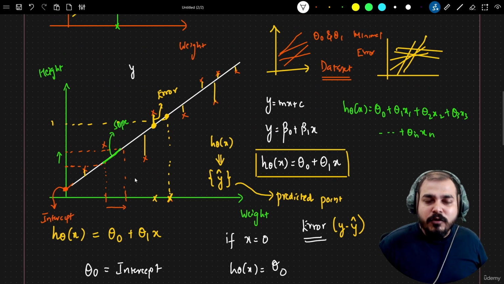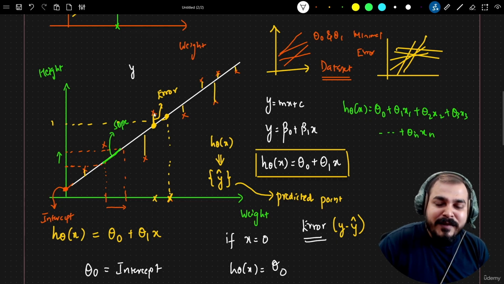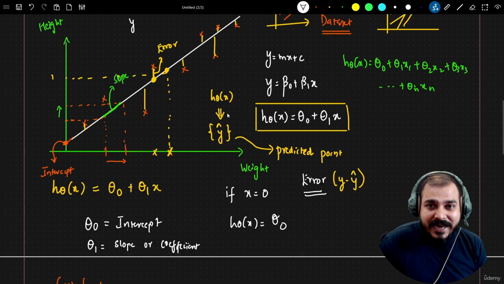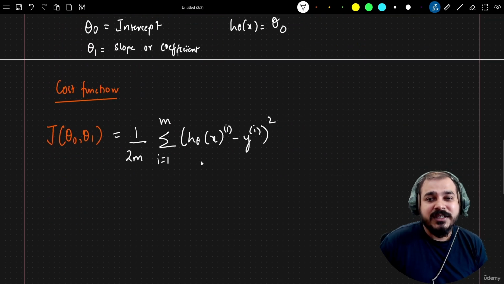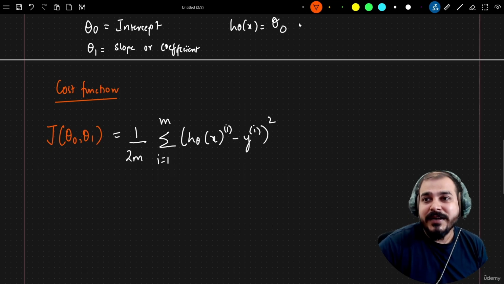As I said, we have to create a best fit line in such a way that when we do the summation of all the errors, it should be minimal. That is the reason we are taking this cost function in this way. h theta of x of i are my predicted points, and these are my truth points, basically the true output.